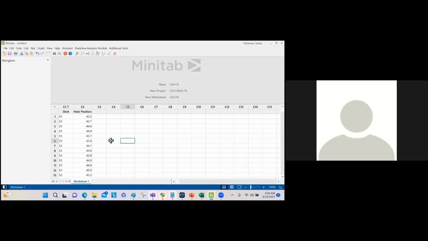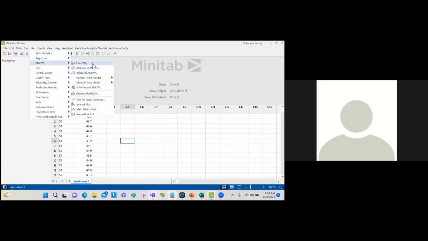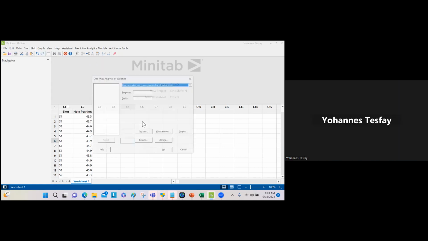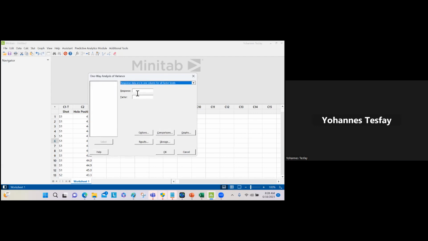Yeah. Am I right? Yeah, that's right. Okay, now go to one over. Then I'm going to put the response, that is, the positioning factor is shot. Then for comparison, I'm going to do Fisher.